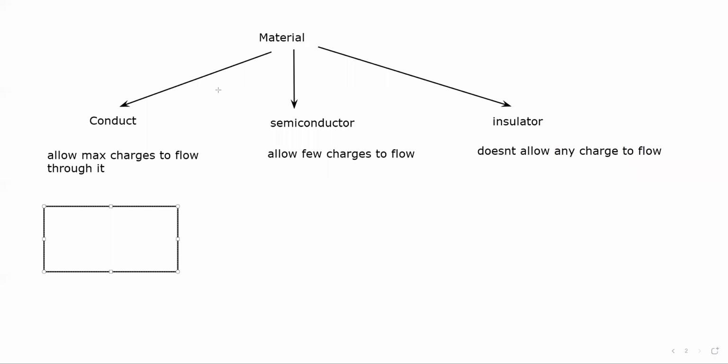So internally, what do metals consist of? Metal consists of a lattice of positive ions. So there's a regular arrangement of the positive ions, and delocalized electrons.